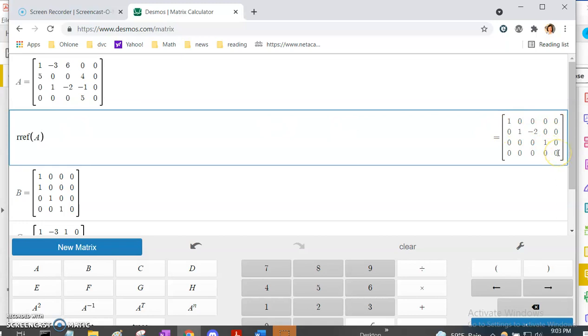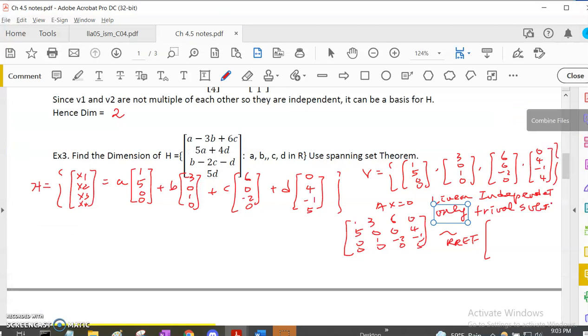It doesn't span R4. Actually, it is the span of the ones that are independent. Okay, let me write down: 1 0 0 0, 1 2 1 0, 0 0 0 1, 0 0 1 2, negative 2, 0 0 and then 0 3 0 and then 1 0, and the last one is 0 0 0 0 0.